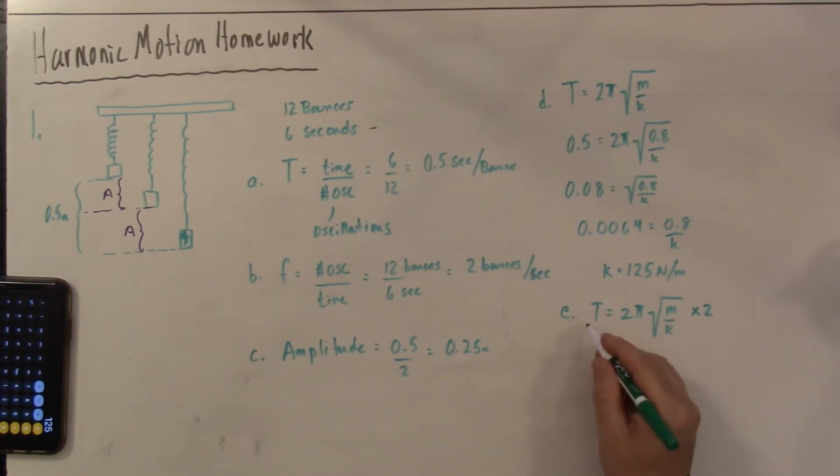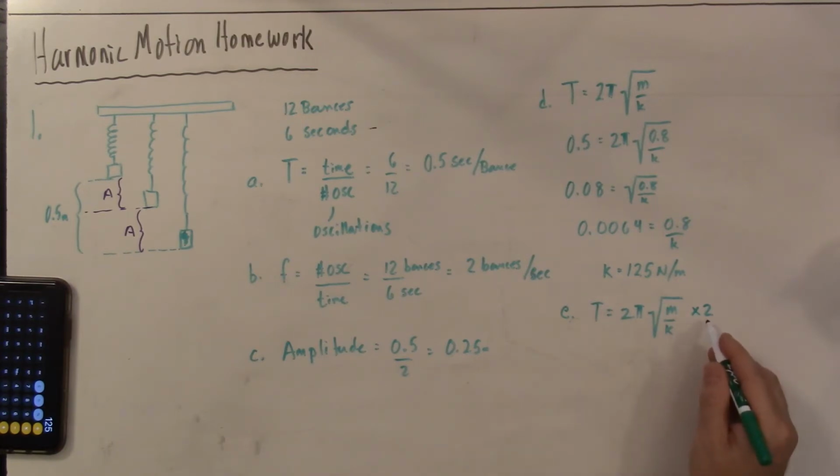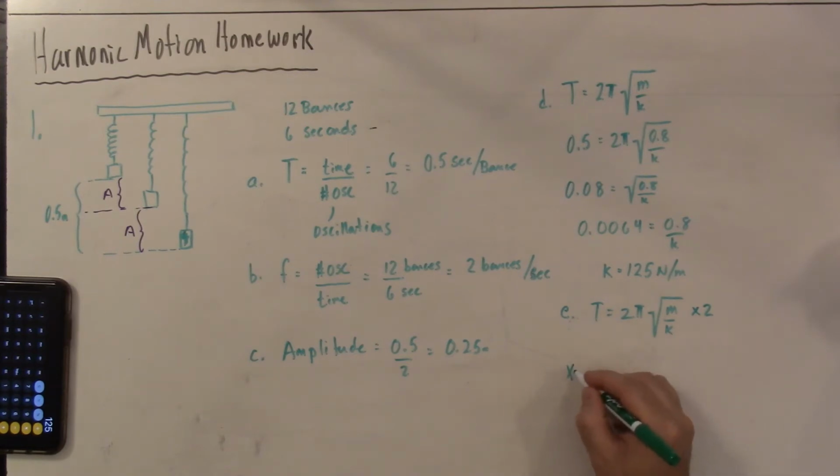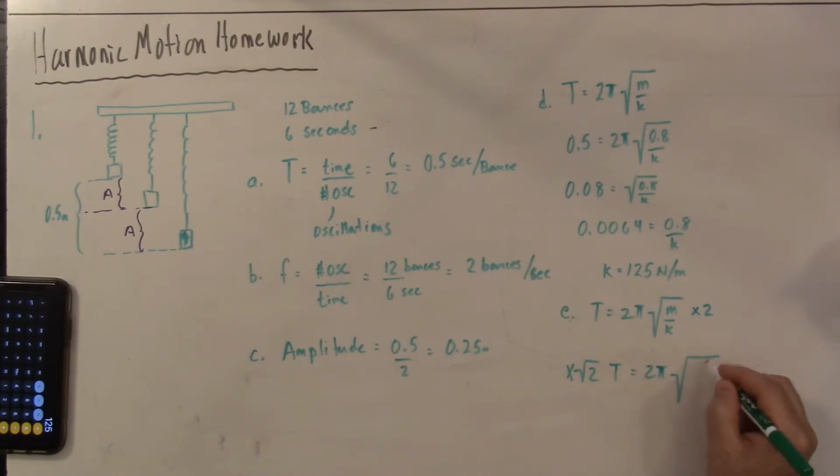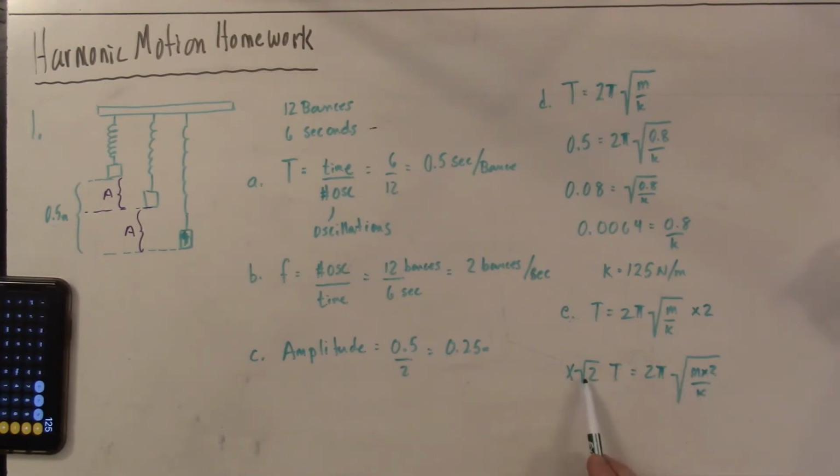What you end up getting on the left side is times root 2 on the period, which is equal to 2 pi times the square root of 2m over k. So because the m is underneath the square root, if you were to double the mass, you would only get times root 2 for the period.